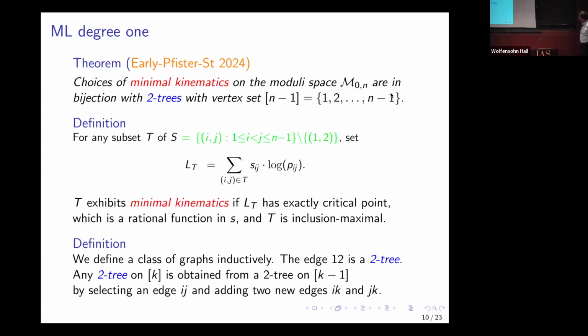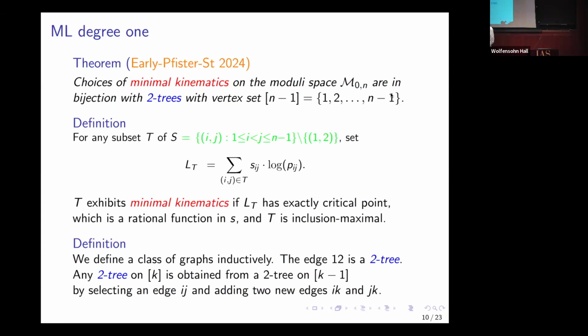Let's look at any subset T of our set S. S are the relevant indices in writing down this scattering potential. For every subset T, I can look at the subsum where I only take the pairs in T. Following on Shruti's talk, I set all the other things to 0.